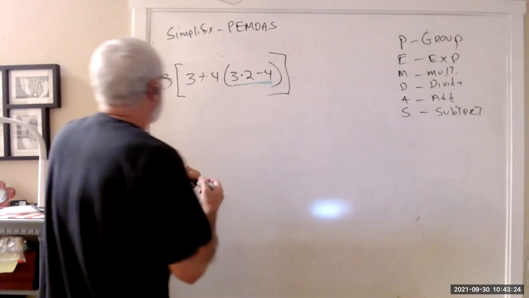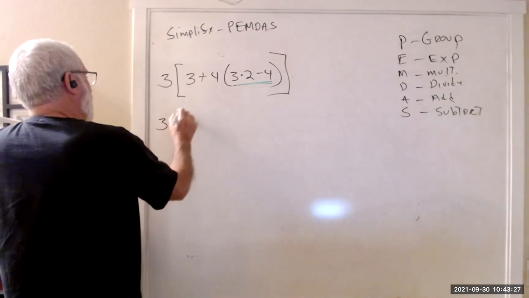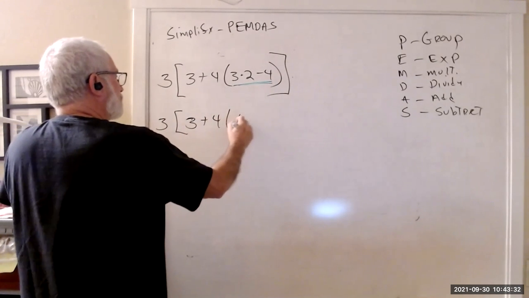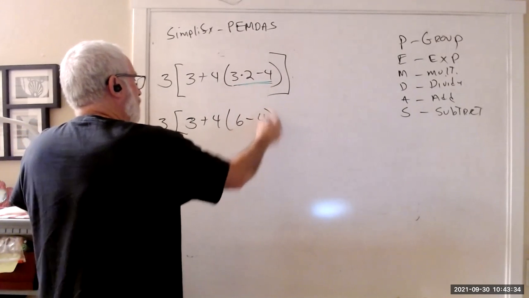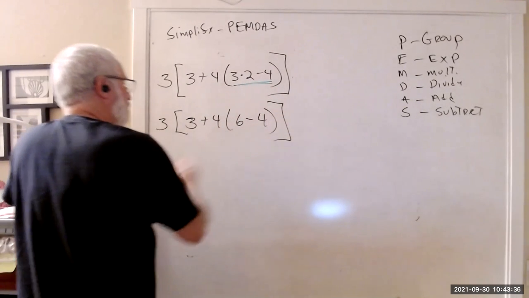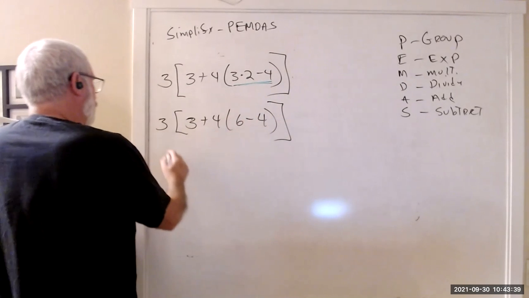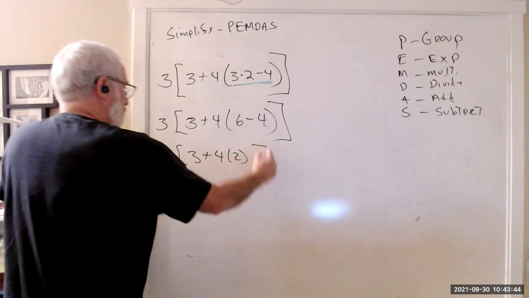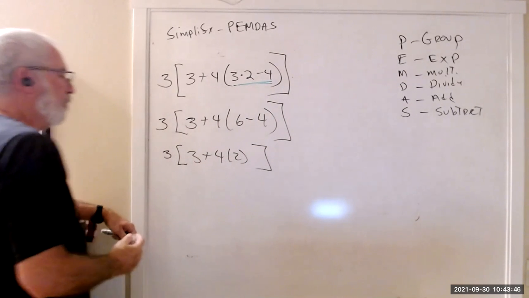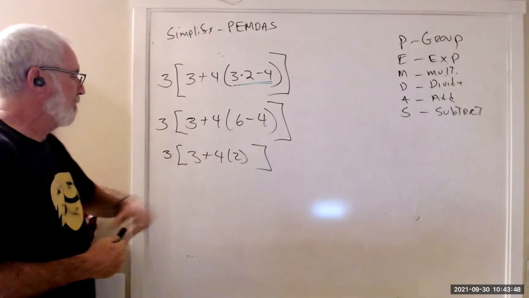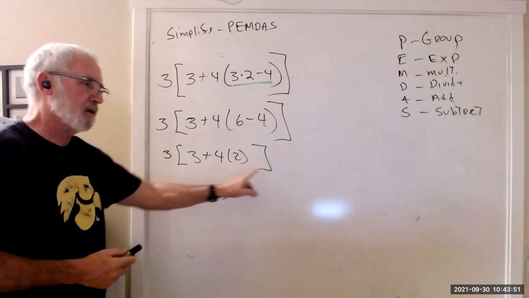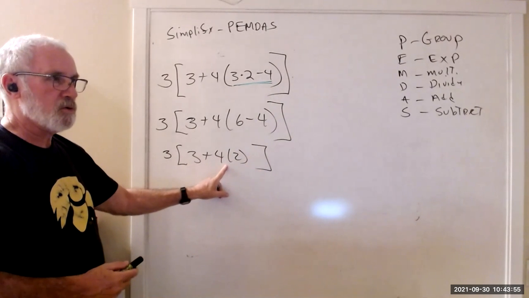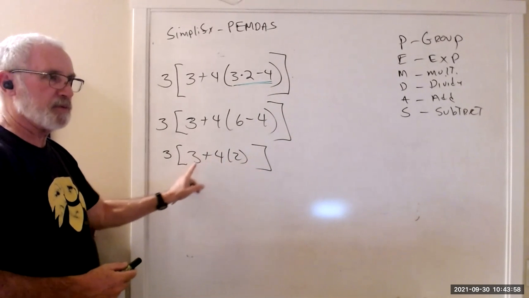If I showed almost every stinking step, and you don't have to, you do that, close bracket. Well, 6 minus 4 is 2. Okay, so here I go again. Inside of this bracket, it's asking me, do I want to multiply 4 times 2, or do I want to add 3 plus 4?